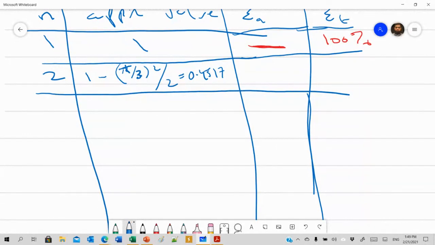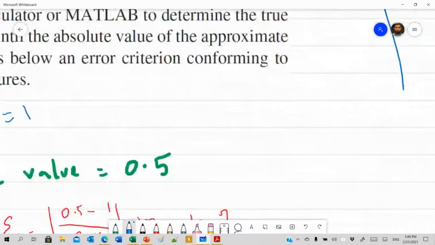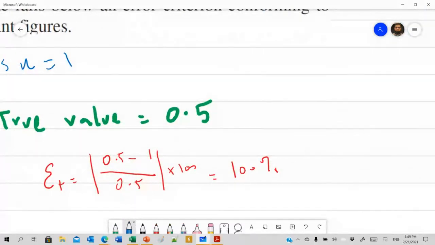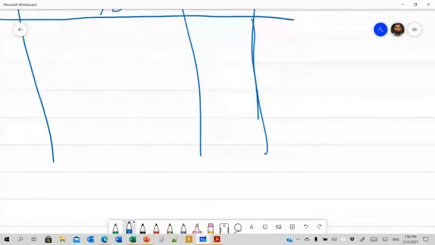Now you can find the approximate error, which will be this value minus the old value divided by the new value. So 0.4517 minus 1 gives 121% error. The true error, of course, between 0.4517 and 0.5. So 0.5 minus 0.4517 divided by 0.5. So we get a 9.66% error.